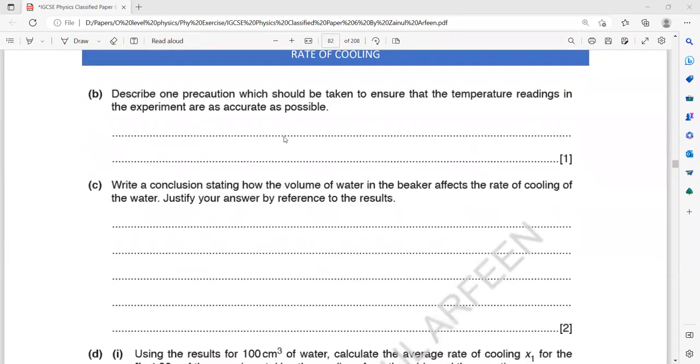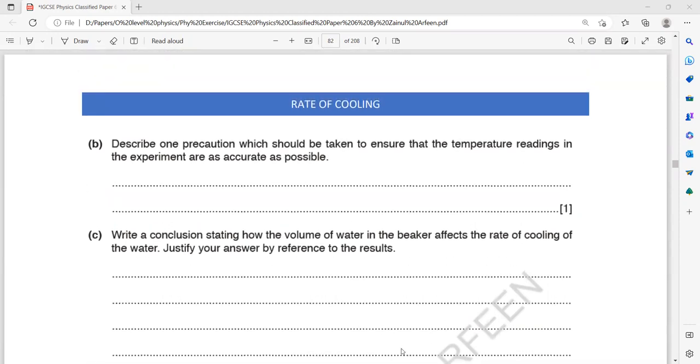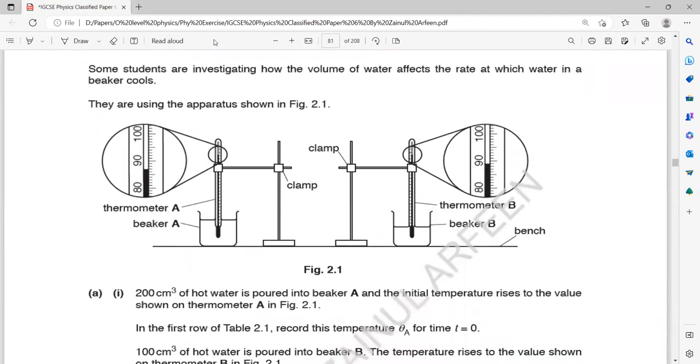Then describe one precaution which should be taken to ensure the temperature readings are as accurate as possible. Whenever you're doing an experiment related to rate of cooling, two or three precautions should be there. Number one, you should look perpendicular and avoid a parallax error.